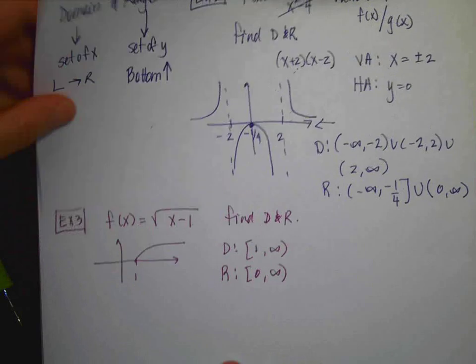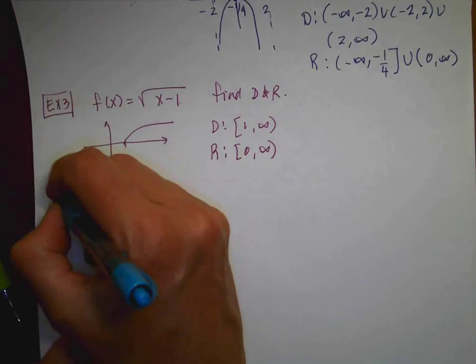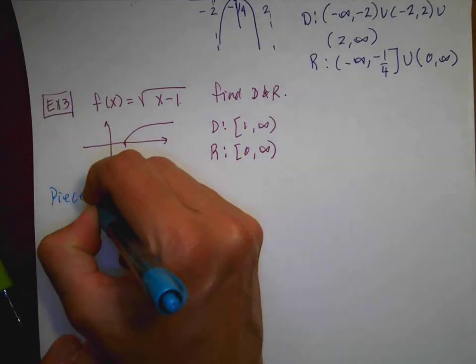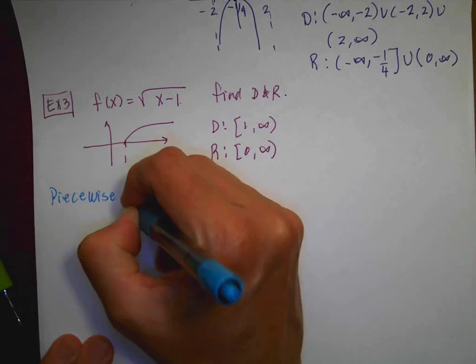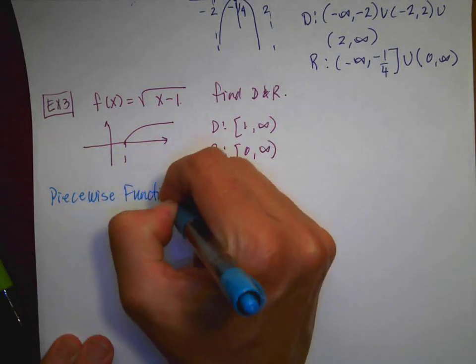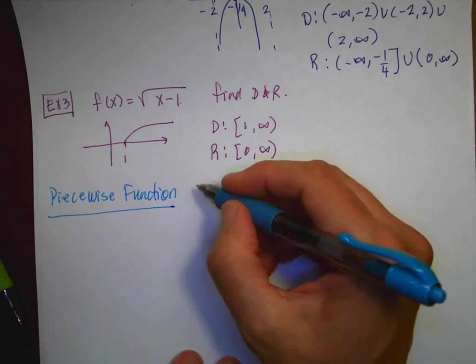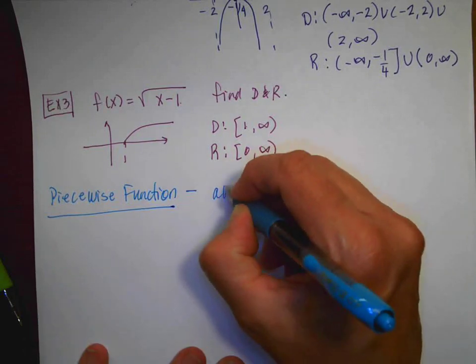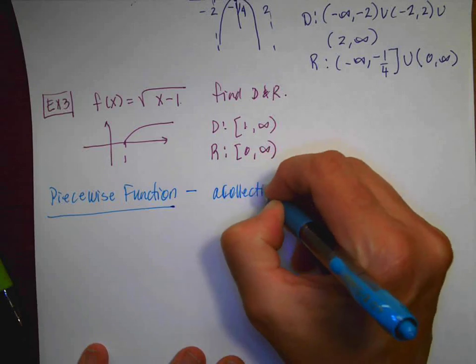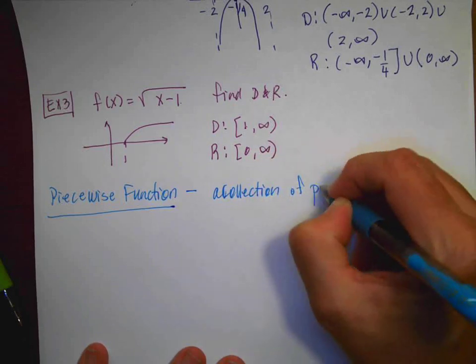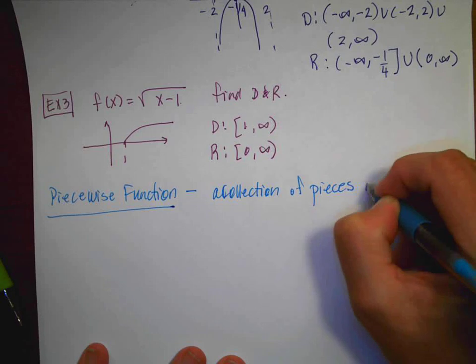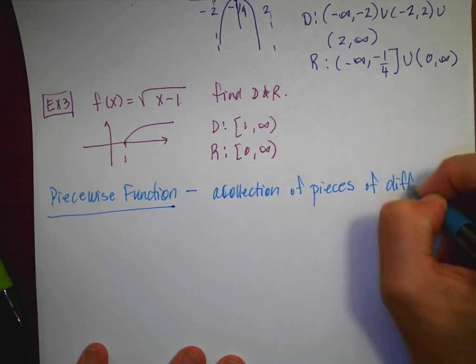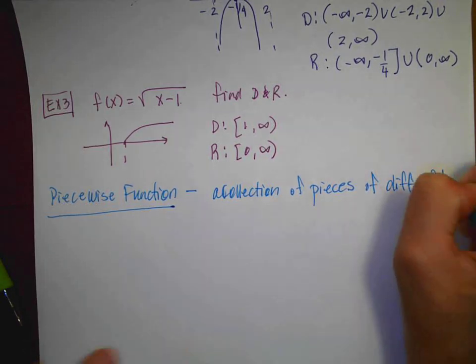All right, the next function that I want to talk about is a piecewise function, and we did some of these in pre-calc. They're really pretty entertaining. We will see them a lot in calculus. So remember that a piecewise function is a collection of pieces of different functions.